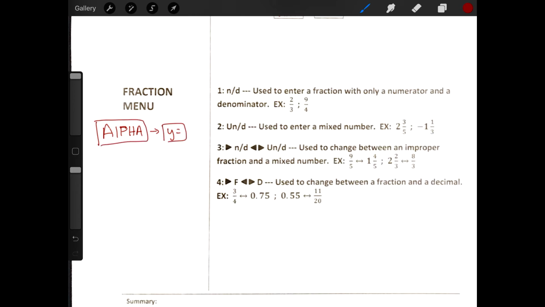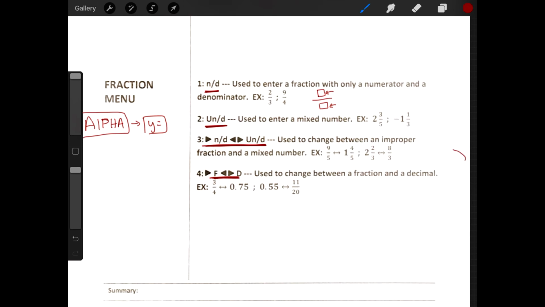You're either going to have n divided by d, un divided by d, this notation right here, and then f, and then with little arrows to d. Okay, so the first one will be used to enter a fraction. So it will be basically a little form that has a little box, and then you can fill in numbers in those boxes. Okay. The second one will be you can enter a mixed number.